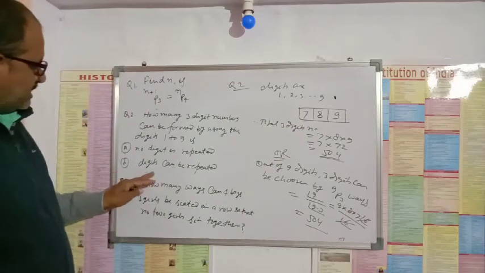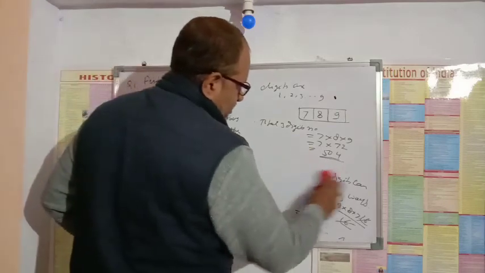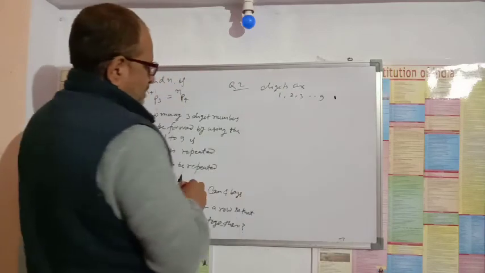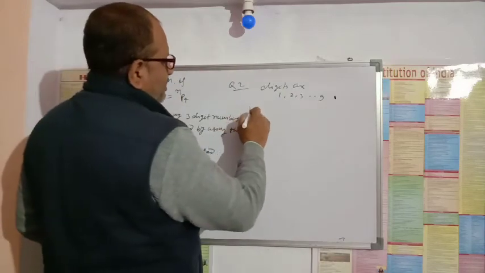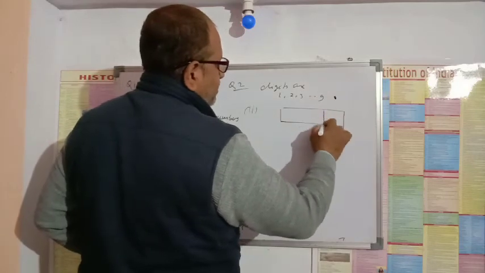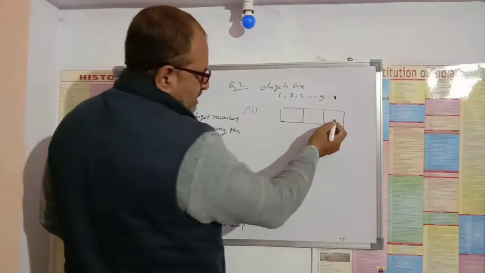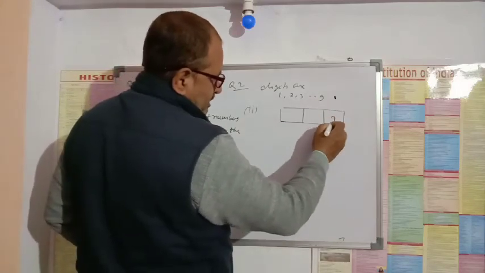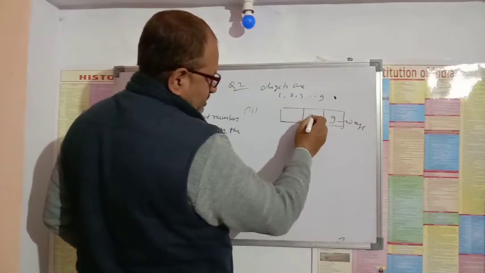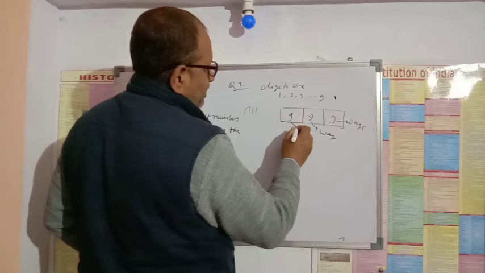See the second condition: digits can be repeated. Second part, if digits are repeated, then every place is filled in 9 ways. First place 9 ways. Digits are repeated, so the second place also 9 ways. Third place also 9 ways.